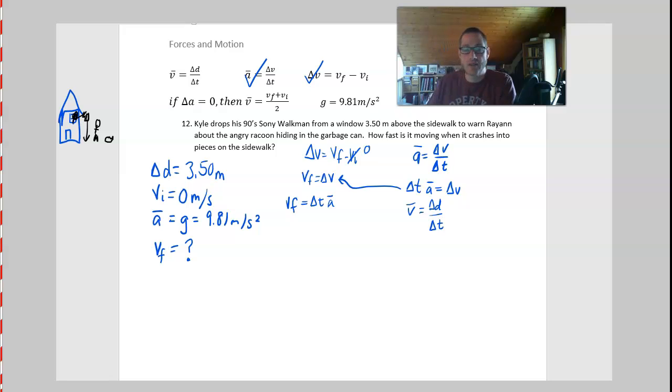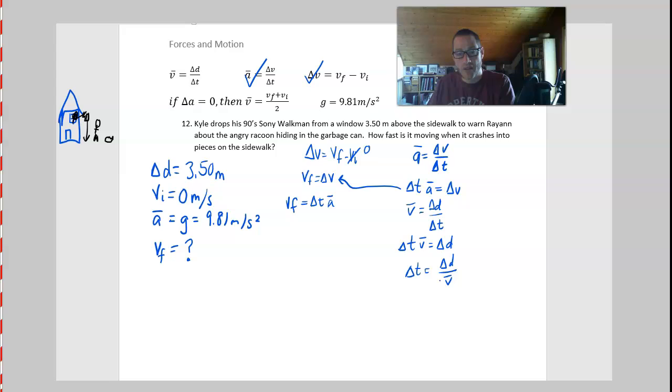The one I tend to recommend to students is just to move things back and forth as easily as you can. In this case, most students want to multiply both sides by delta T, which is fine. That does not help to isolate delta T, but it makes it look like a more manageable equation. And then we just divide both sides by V bar, and so you have delta T is equal to delta D divided by V bar.